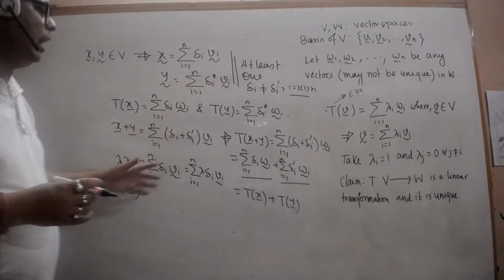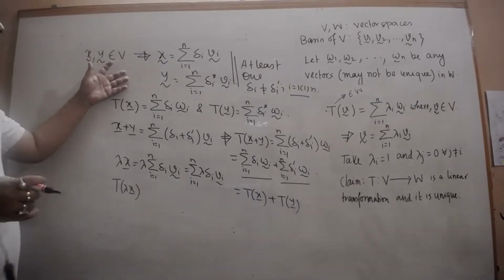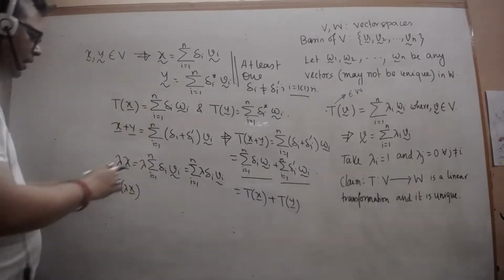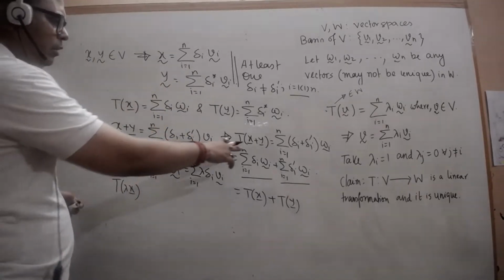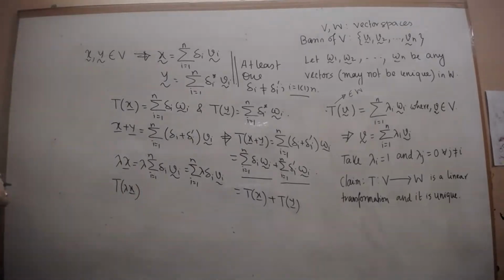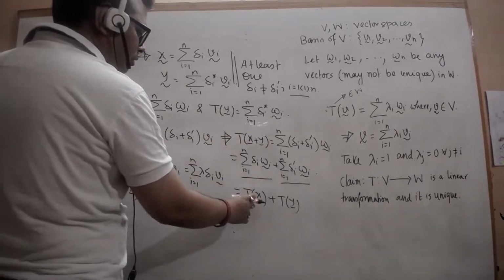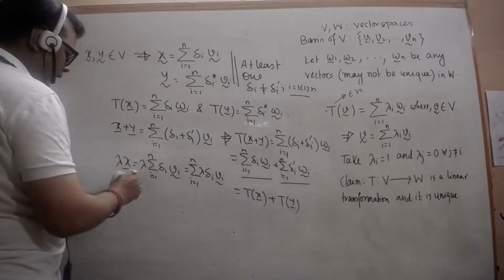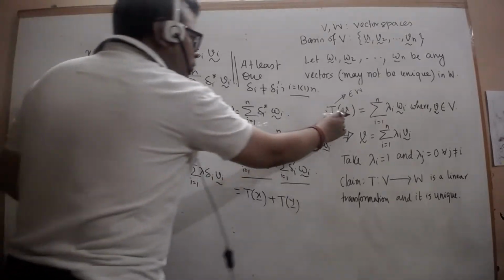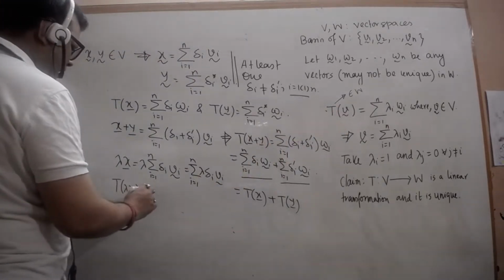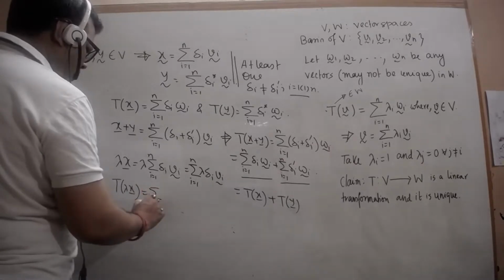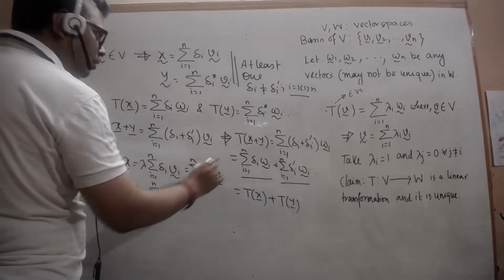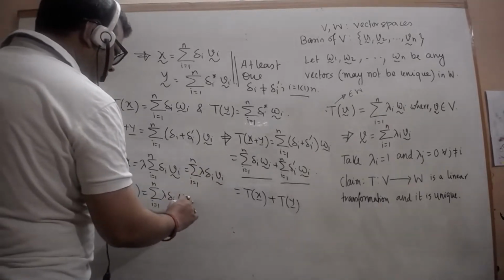For proving this claim, first I prove that this is a linear transformation. We see that the additivity property holds: T(x curl plus y curl) equals T(x curl) plus T(y curl). Then for the second property, according to this definition, T(lambda x curl) equals the sum from i equals 1 to n of lambda delta_i w_i curl.